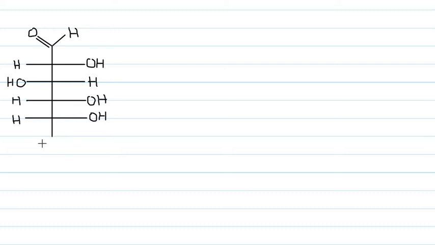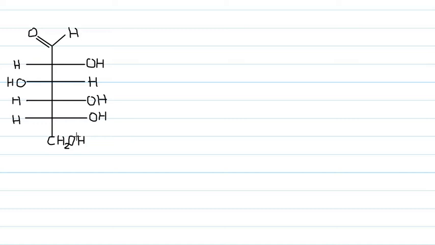Okay, and there is a CH2OH group here, carbon, hydrogen, okay. So this is the Fischer projection for the D-glucose.